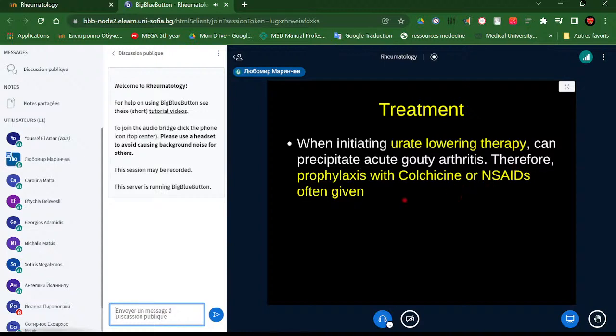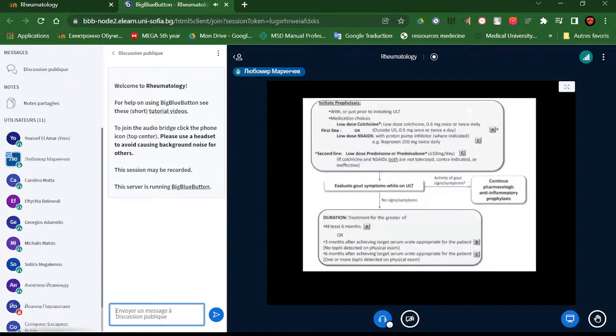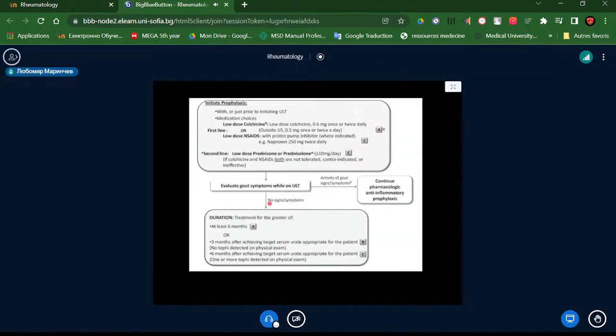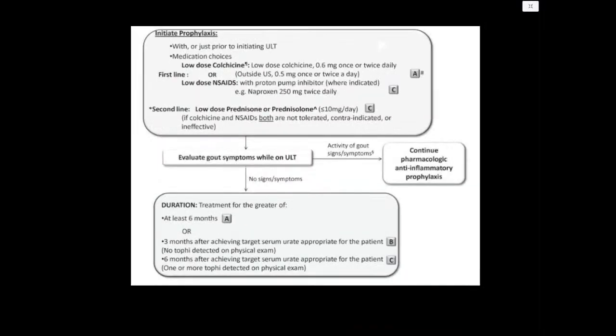Therefore, it is necessary to give prophylaxis with colchicine or a non-steroidal anti-inflammatory drug, often given together with urate lowering therapy. This is a scheme. It is very difficult to read because the letters are small. This is a scheme for the tactics and management of the therapy of gouty patients.